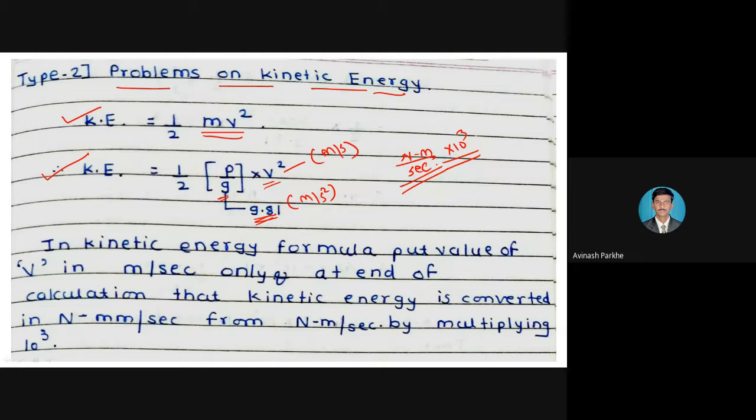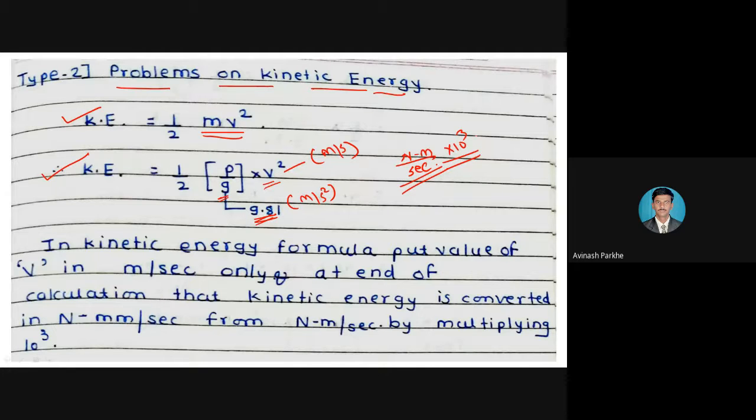So, talking about the calculation of kinetic energy, by putting the value of g in meter per second square, we get the kinetic energy in the form of Newton meter per second. But what will be our requirement?